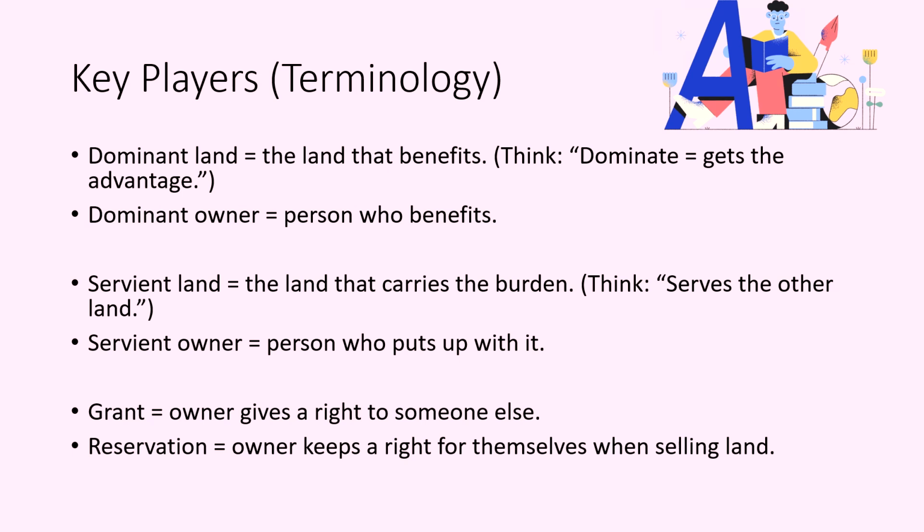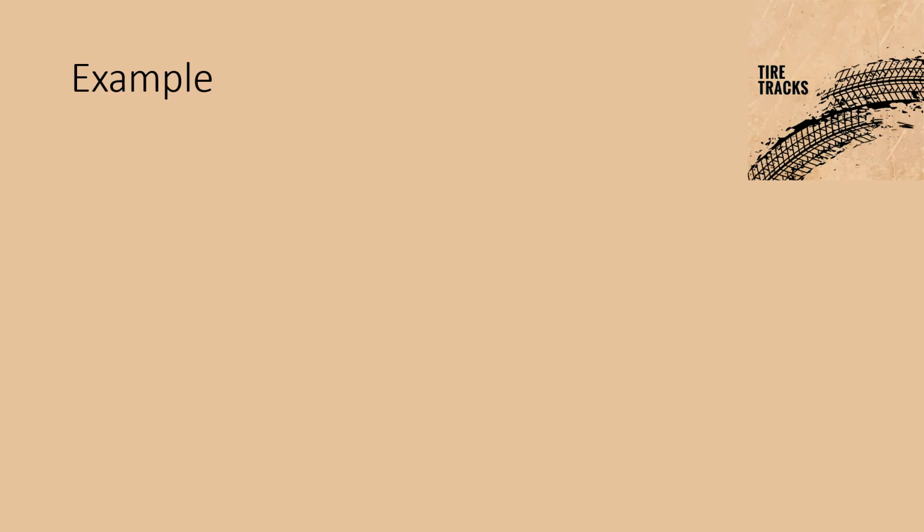That would then count as a reservation. Okay, so that's the two main things we need to be aware of. One is dominant land versus servient land, and the other is grants versus reservations.